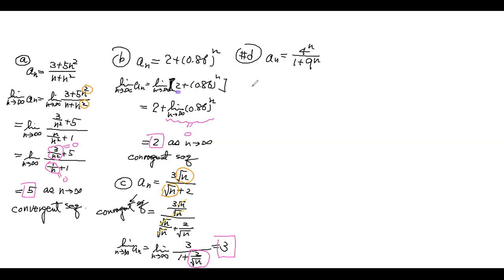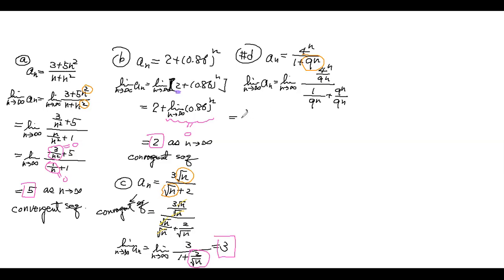I'm going to find the limit as n approaches infinity of a_n. The largest term is 9 to the n, so I'm going to divide by 9 to the n on both the numerator and the denominator.